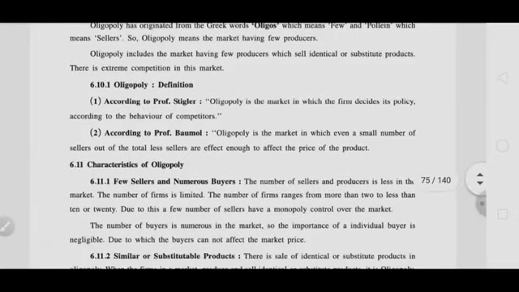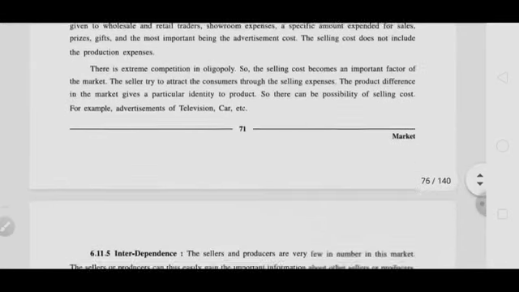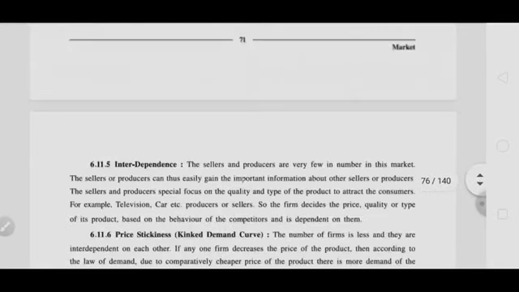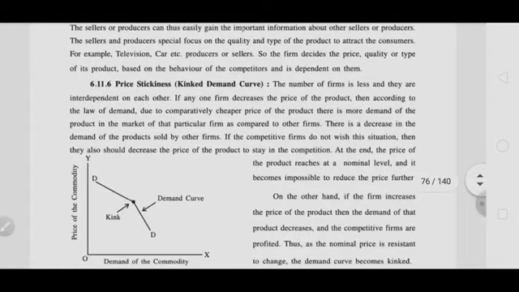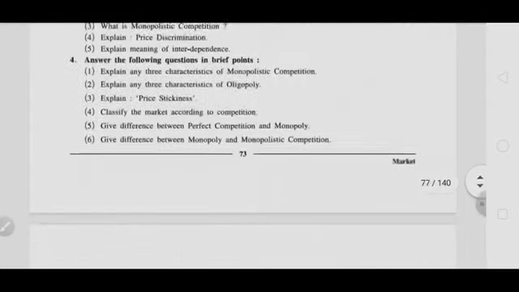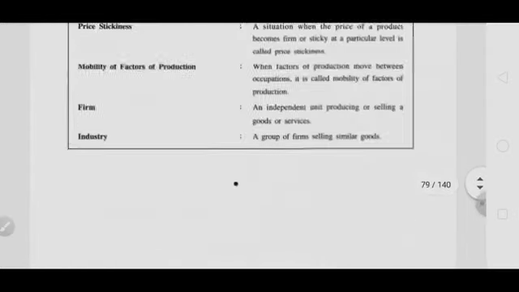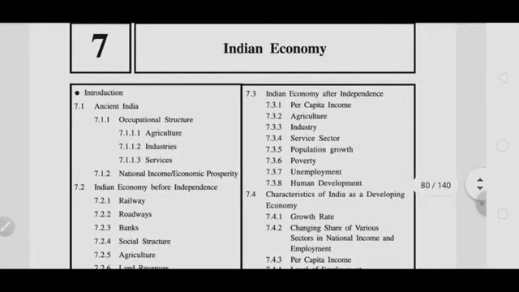Then lastly we will discuss the fourth market form, that is oligopoly, its definition and characteristics. So after discussing all these 4 different forms of a market, we will be able to understand the different market conditions, and in each situation how the manager is dealing with it.